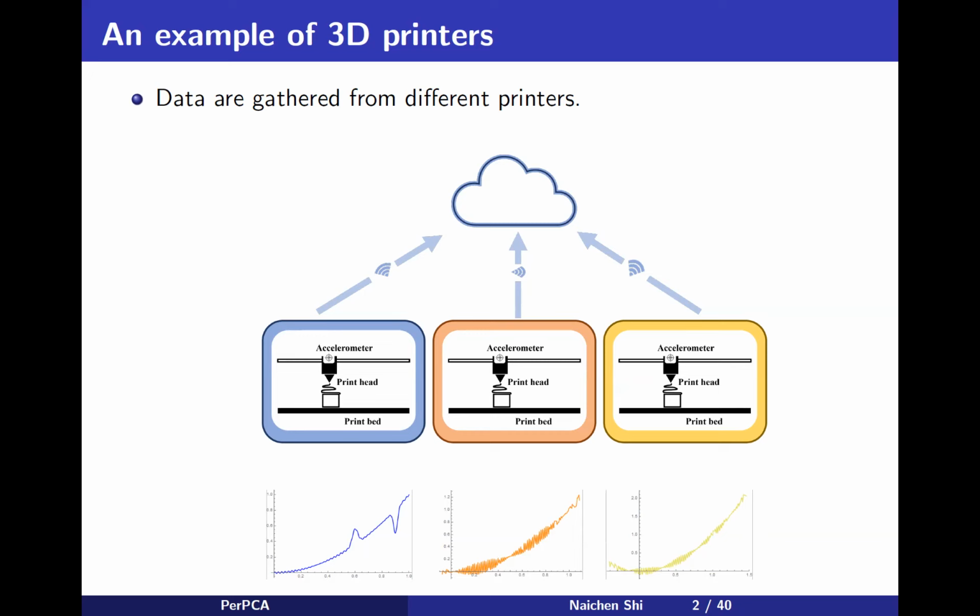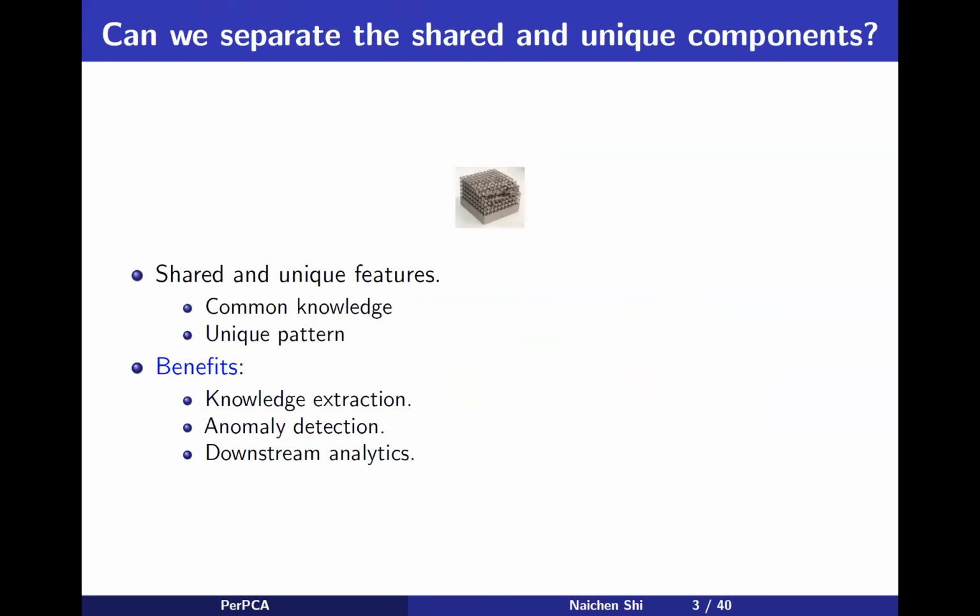So to derive meaningful statistical analysis on such data sets, one might want to separate the common component among all these printers from the unique factors within each of these printers. Why? There are multiple benefits.